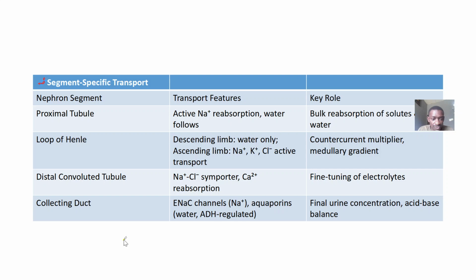Then for the distal convoluted tubule, it absorbs what? Sodium and chloride, without water. Okay, then also calcium reabsorption. All right. Then collecting duct is mainly sodium ions and also aquaporins.